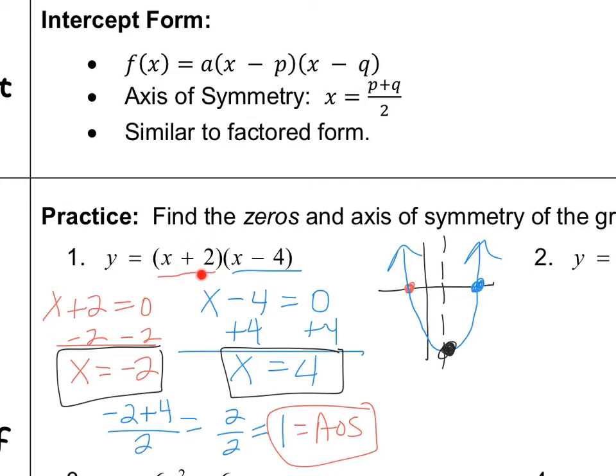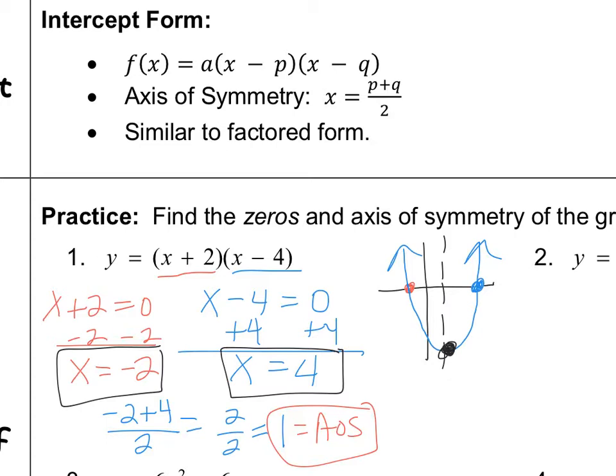Well, when I solved this and set it equal to 0, my solution was -2. And in this case, my solution was +4. So if I'm going to use this formula, p plus q, remember that saying, x lies. So that's going to be the opposite of the signs we see in the factors. So the opposite of +2 is our -2. The opposite of -4 is our +4, giving us our axis of symmetry.